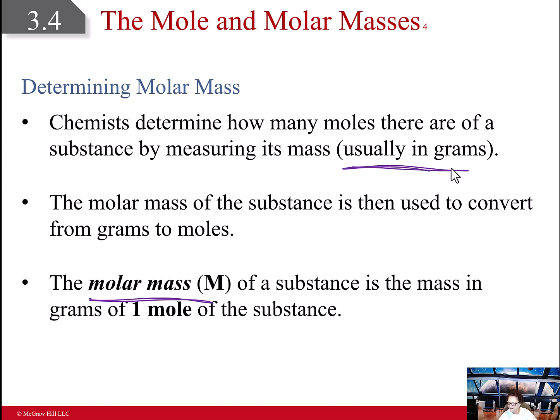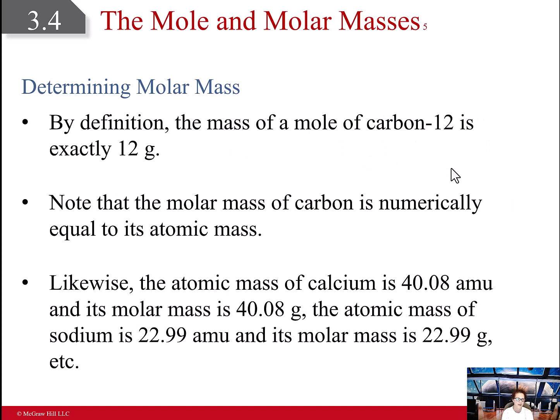It's super simple, because you calculate it just like you did the AMUs, but we're going to use grams, because Avogadro's number of atoms in 1 mole takes us to grams from that atomic world.